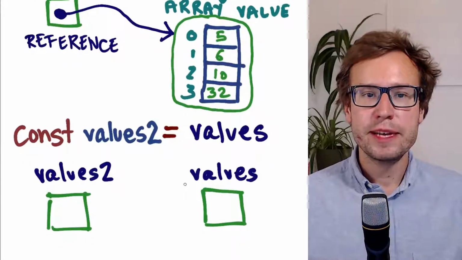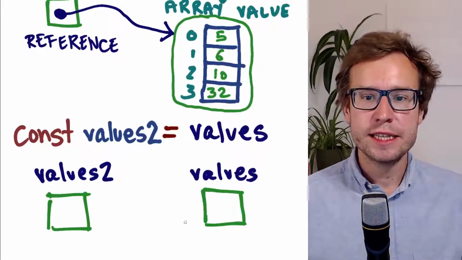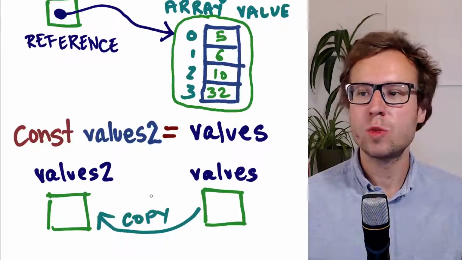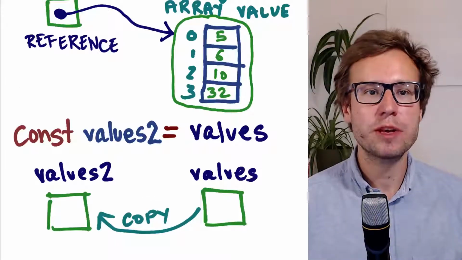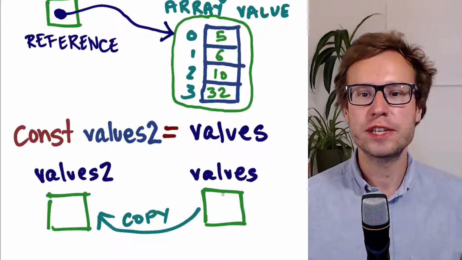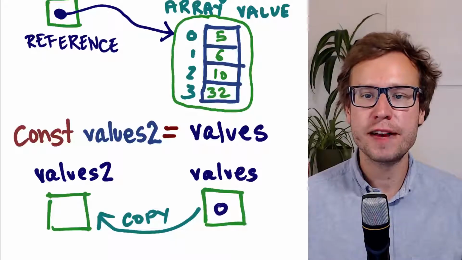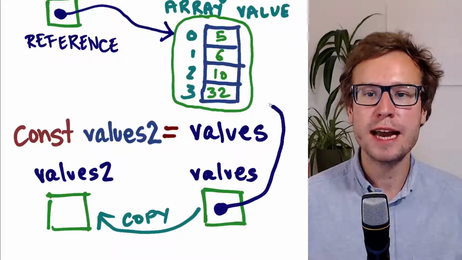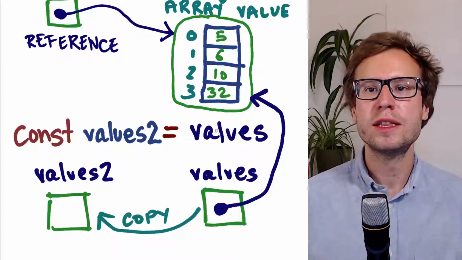But what's in here? If the copy operation is like we just saw before, this is what we want to happen, right? So what's going to actually happen? Well, what's in this box values? It's a reference, one of these arrows that is pointing to this array that we have in memory.